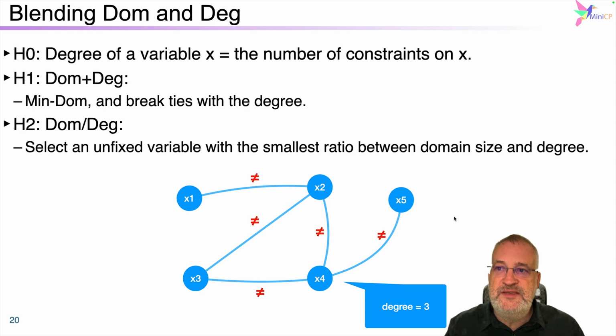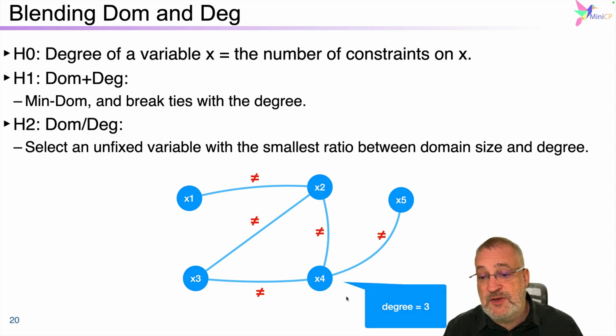The basic idea is branch on something that has a high degree, like x2 or x4. These variables have a high degree, and because it's a disequality, let's say that when you fix x4, what's going to happen if you fix it to value 1 is that value 1 is going to disappear from the domain of x2, the domain of x3, and the domain of x5. You have a lot of propagation as a result when you do that.